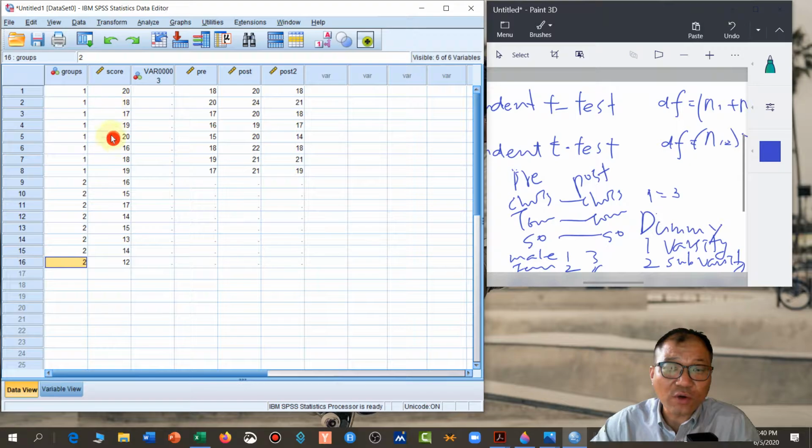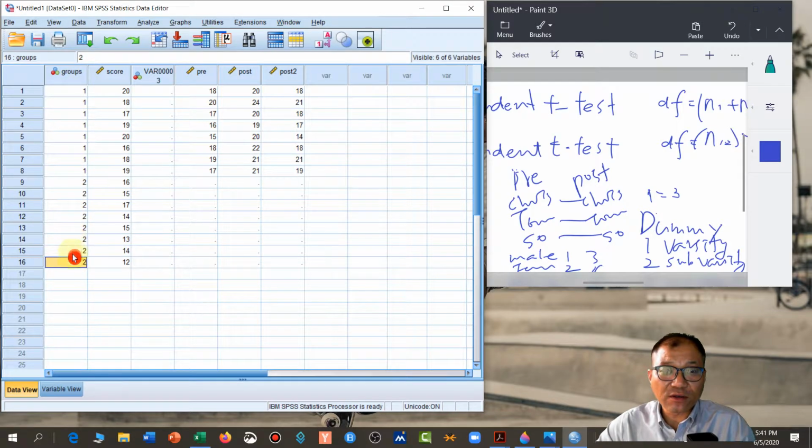I measured their score, could be successful serves, or maybe the points they make at the game for basketball. Doesn't matter. I just collected numbers as a score right there.